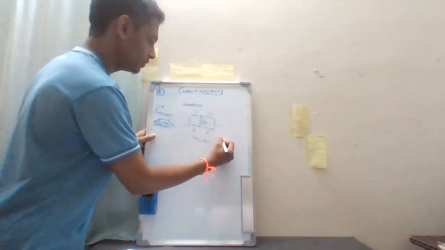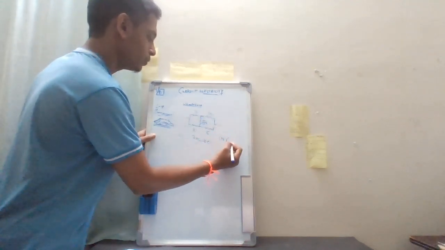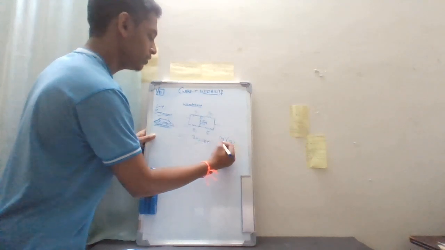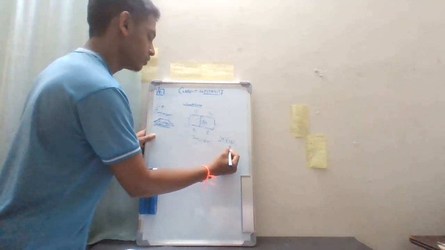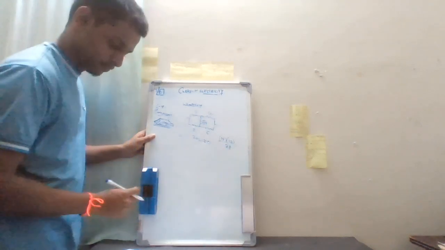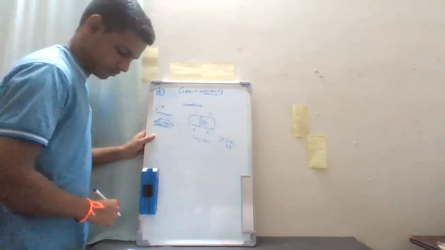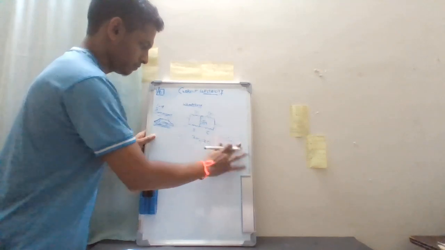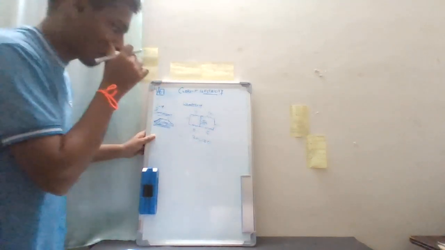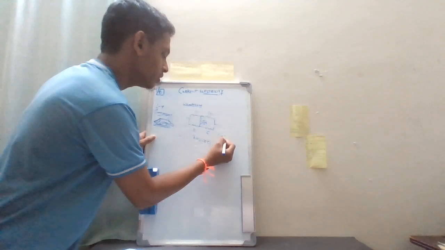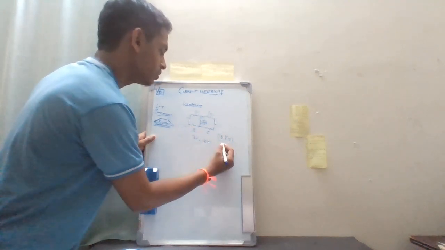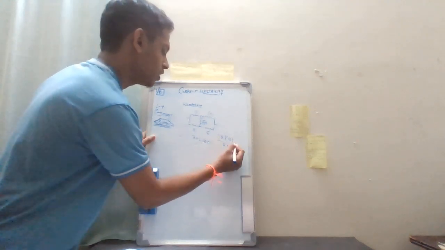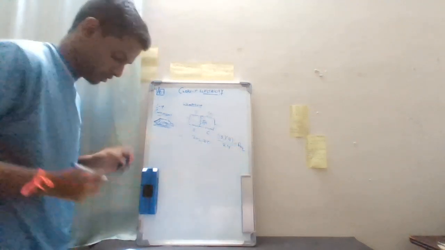So basically it would be 15 into 18 by 15 plus 18, 33, not 33. It would be 15 into 9, and this would be 4. R equivalent would be that.